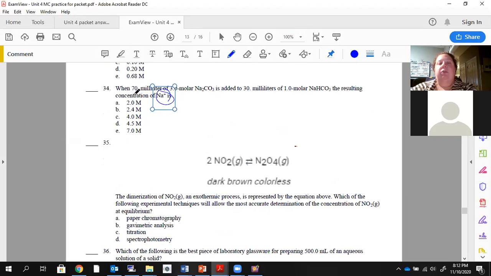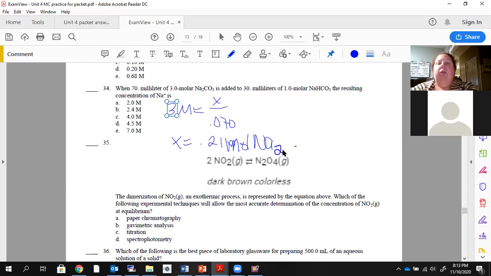So if I look at this first solution, I've got 70 milliliters of a 3 molar solution. So if I have 3 molar and I've got 70 milliliters of it, that means 3 times 0.07 gives me 0.21 moles of the sodium carbonate.